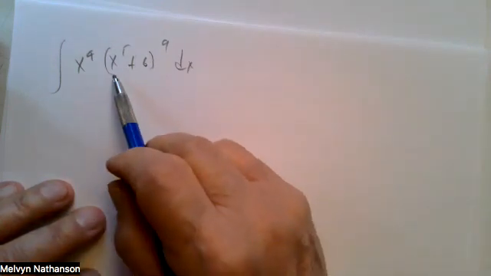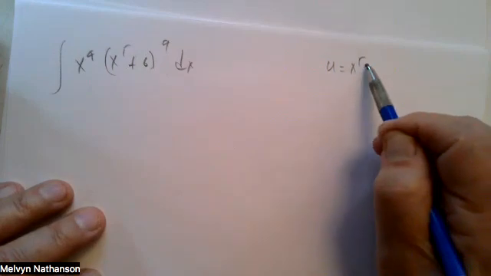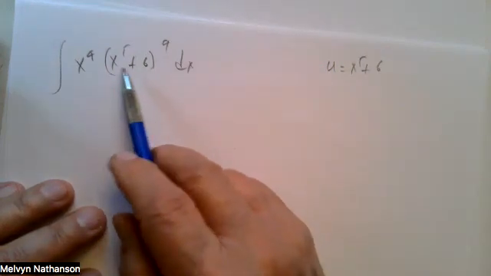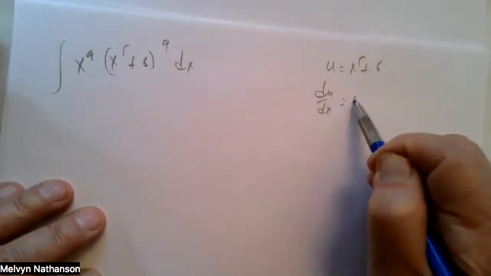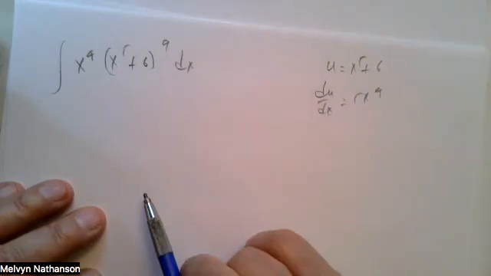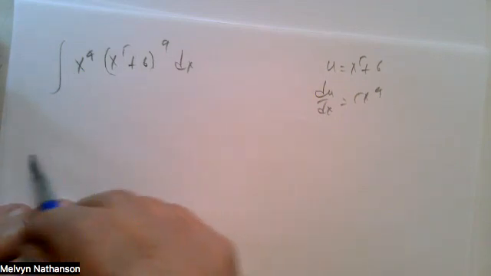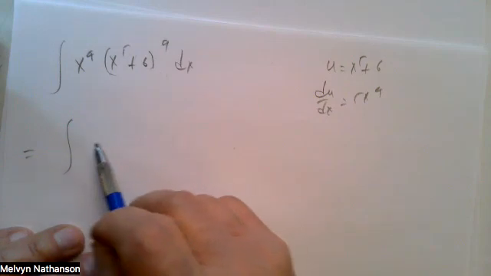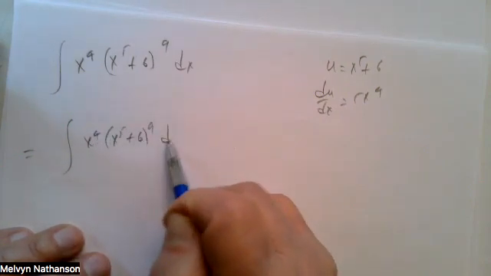Now we notice though, if I were to let u equal x to the 5th plus 6, this would be u to the 9th. What is du dx? It's 5x to the 4th. I don't have 5x to the 4th. I have x to the 4th. But that's okay.